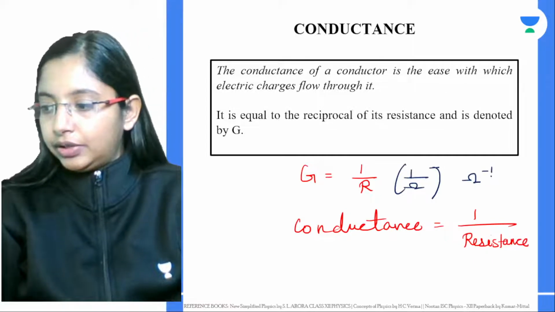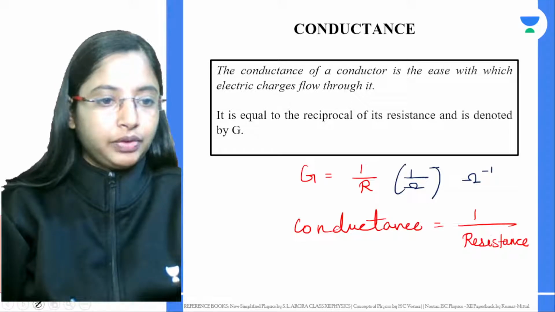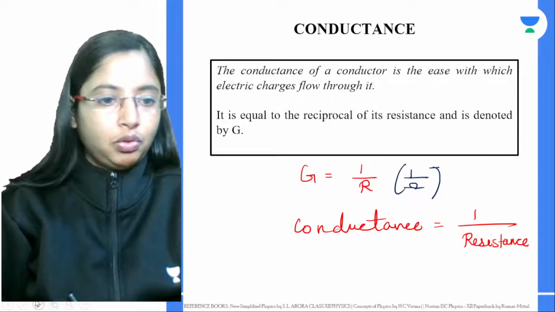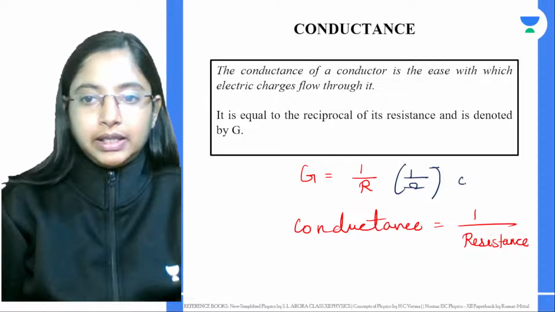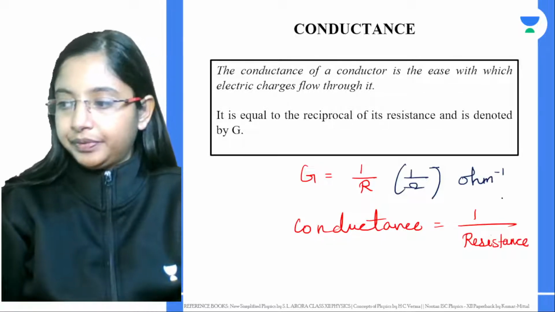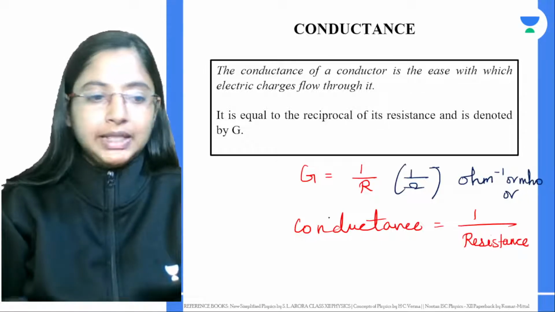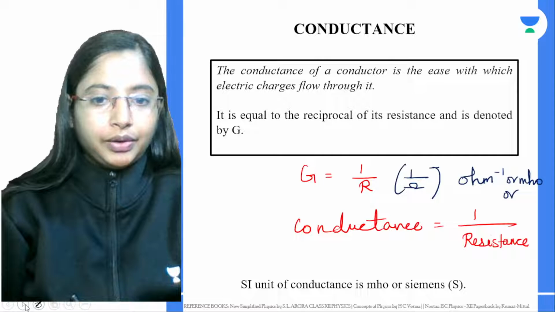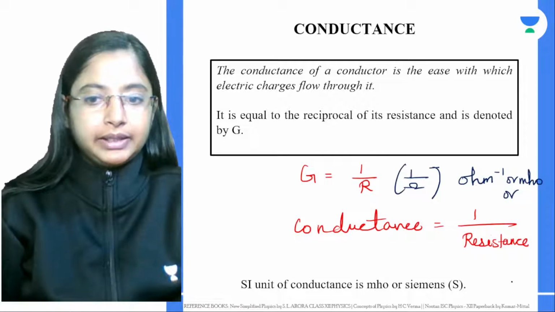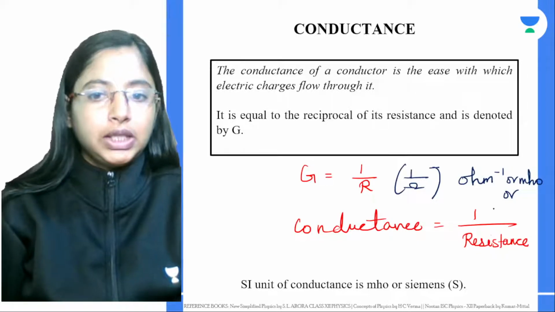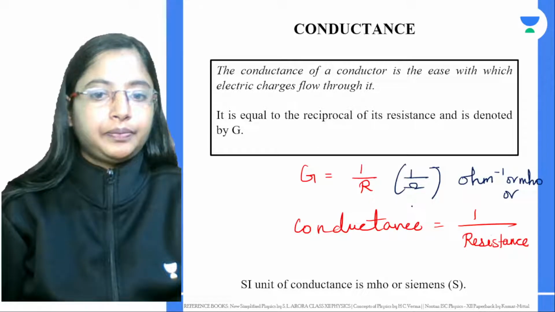We actually don't write it that way, we write down the whole unit name. We write it as ohm inverse, or we give mho, or one more unit, Siemens, which is given by capital S. All these are units of conductance.